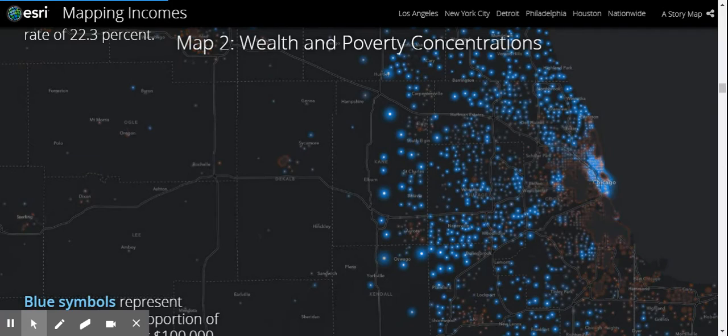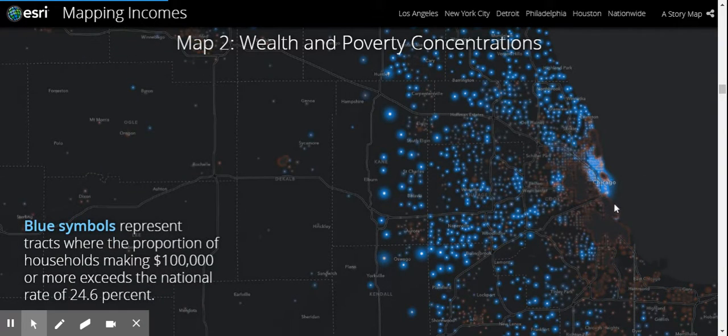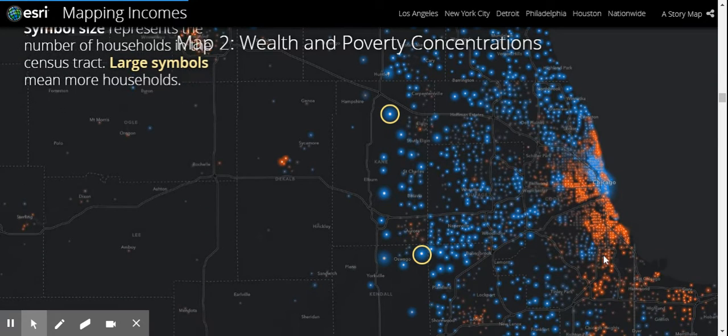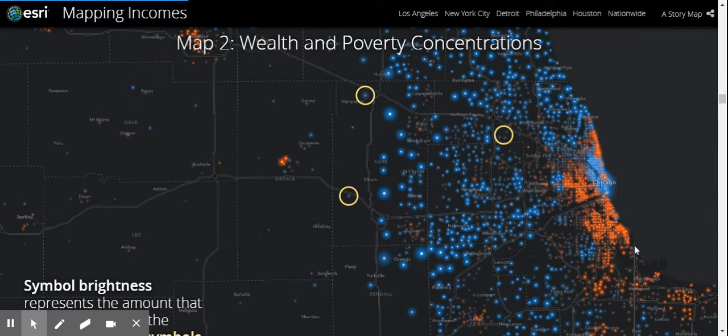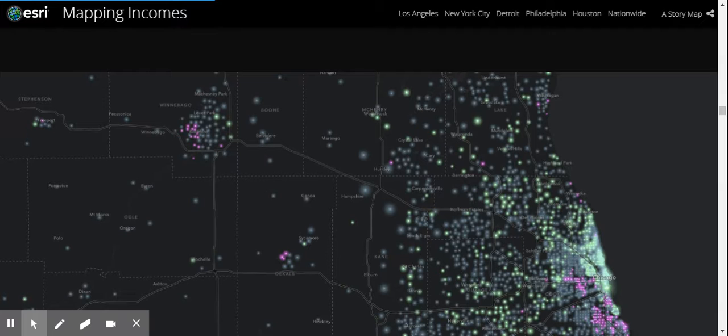So we take a look at this. Right here, we see that in this part of Chicago, right along Michigan Avenue, there's a lot of people who make more than $100,000. In this area where there's a lot of orange, there's a lot of people who make less than $25,000.